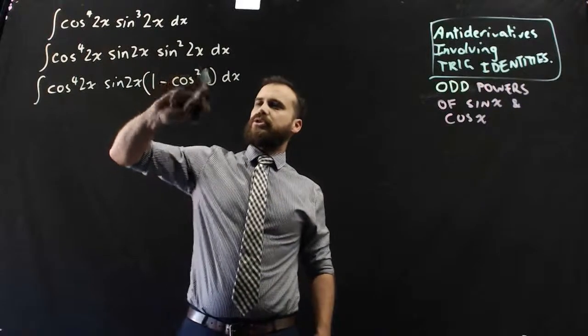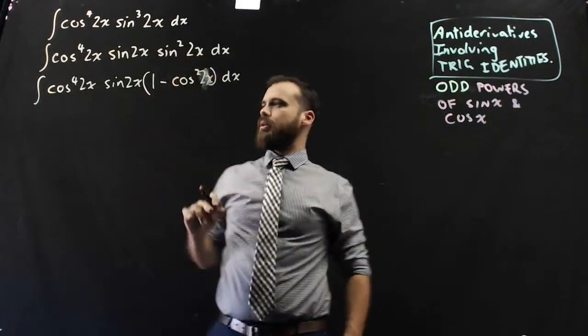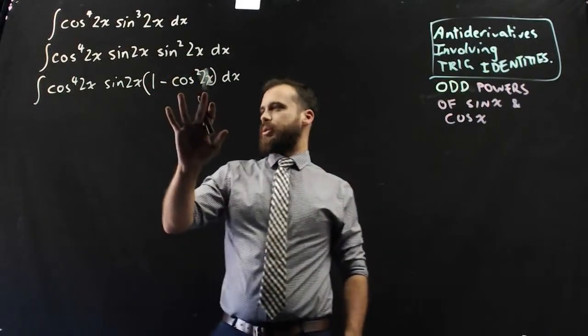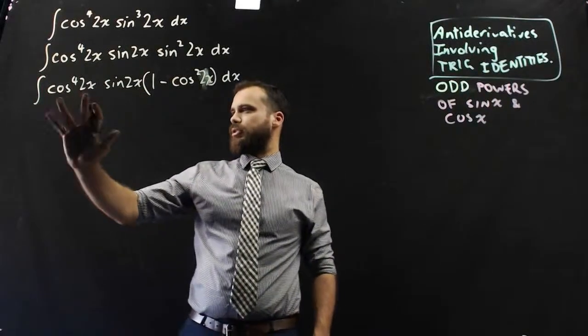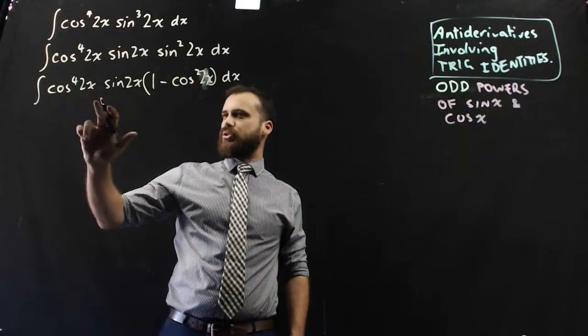That should be cos squared 2x, shouldn't it? So I've got cos squared 2x here, I've got sine 2x there, I've got cos to the 4 2x there.